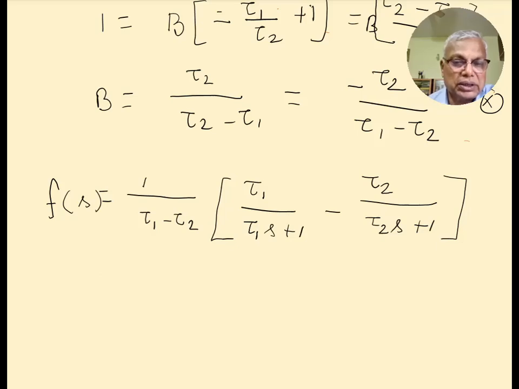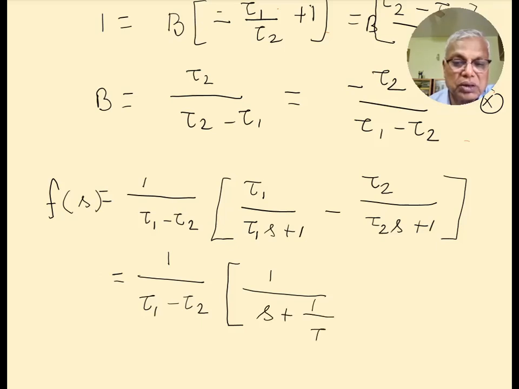I will write this as 1 by (tau 1 minus tau 2) into, I'll divide the numerator and denominator by tau 1. So this becomes 1 by (s plus 1 by tau 1).